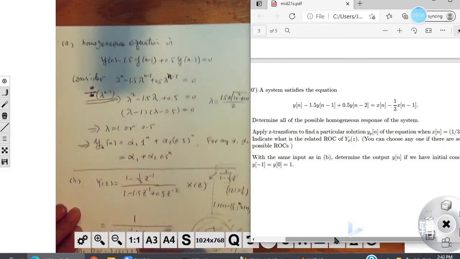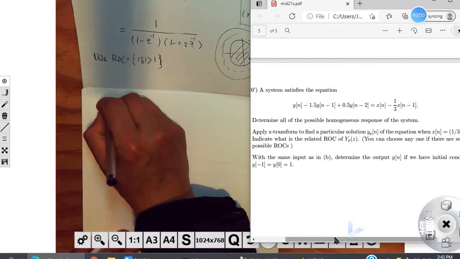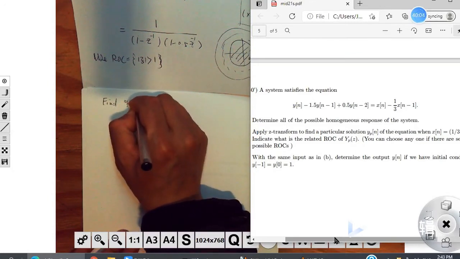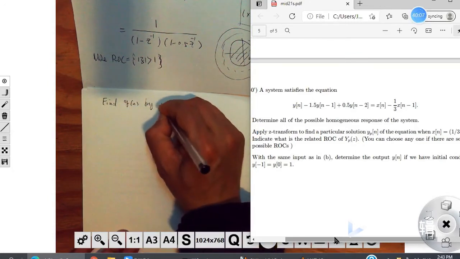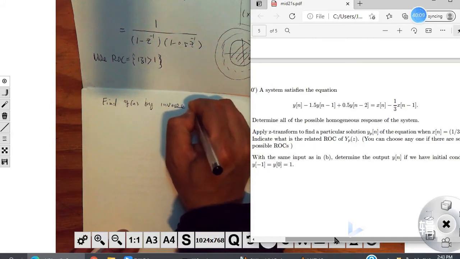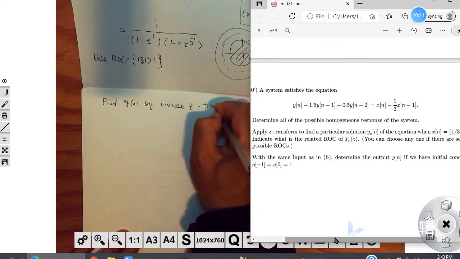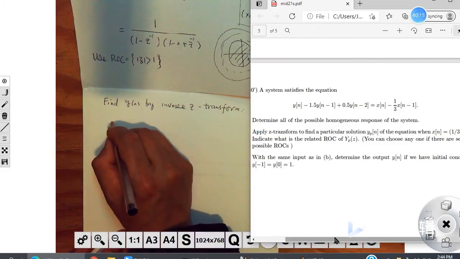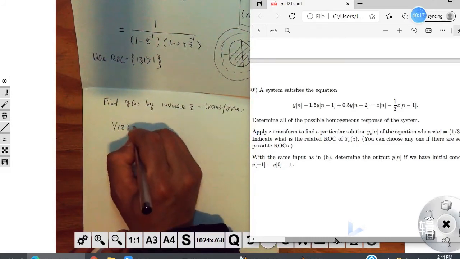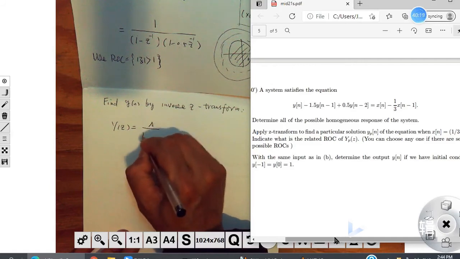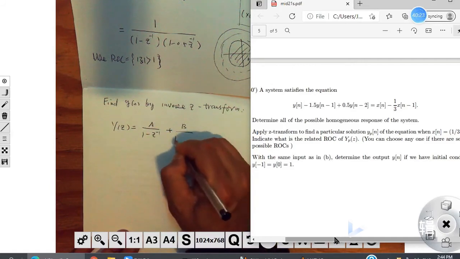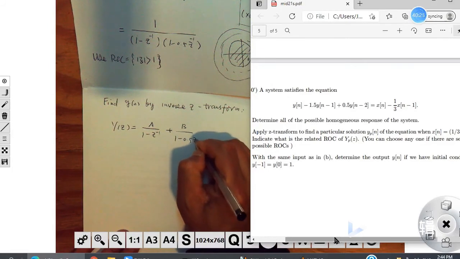Then we do the inverse transform. Find the inverse by the inverse z transform. We have Y of z equal to A over 1 minus z to negative 1 plus B over 1 minus 0.5 z to negative 1.